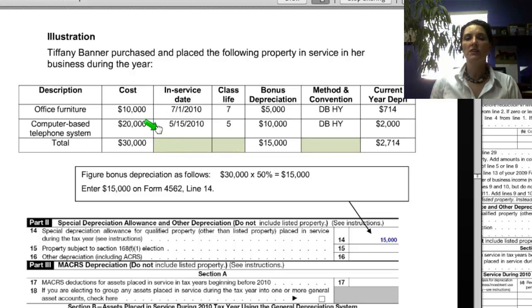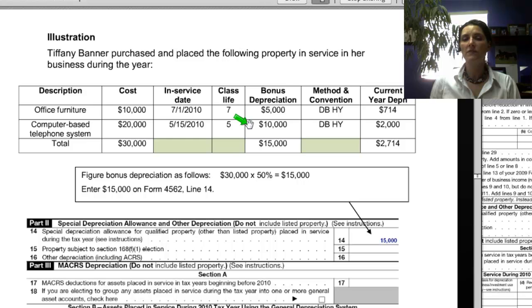We have the date placed in service here. You can see that all of the assets were placed in service before the final quarter of the year, so we're dealing with the half-year convention, not the mid-quarter. We have the class life of each asset showing here and the amount of bonus depreciation deduction she is going to claim. $5,000 bonus on the office furniture, $10,000 bonus on the telephone system. Total bonus depreciation being claimed is $15,000.